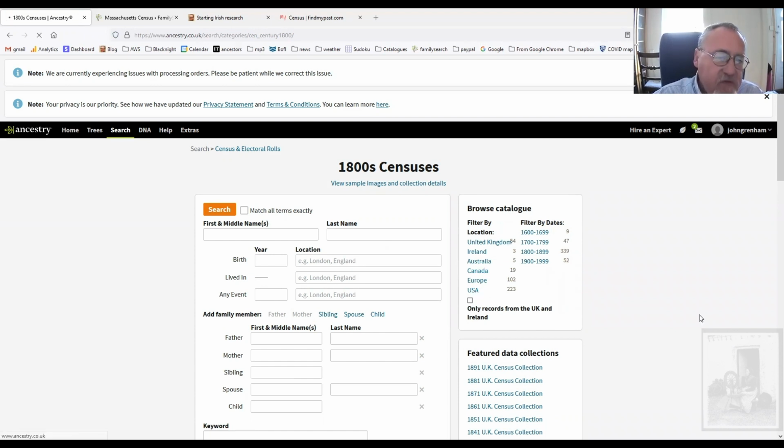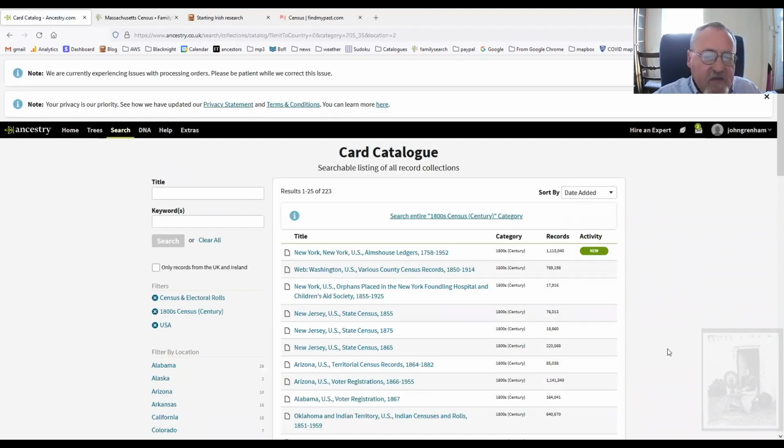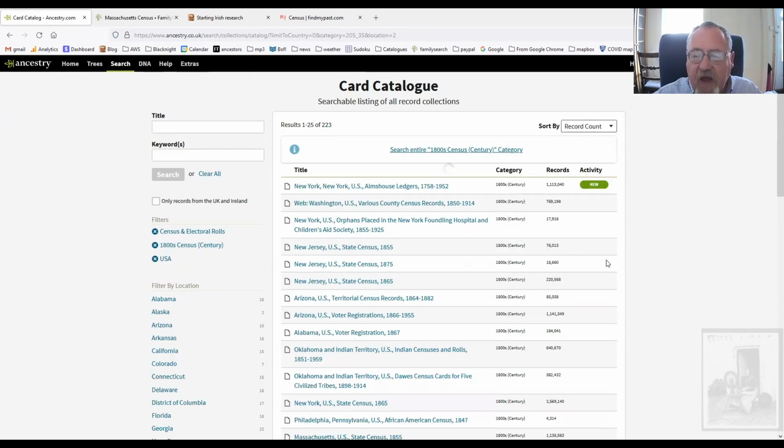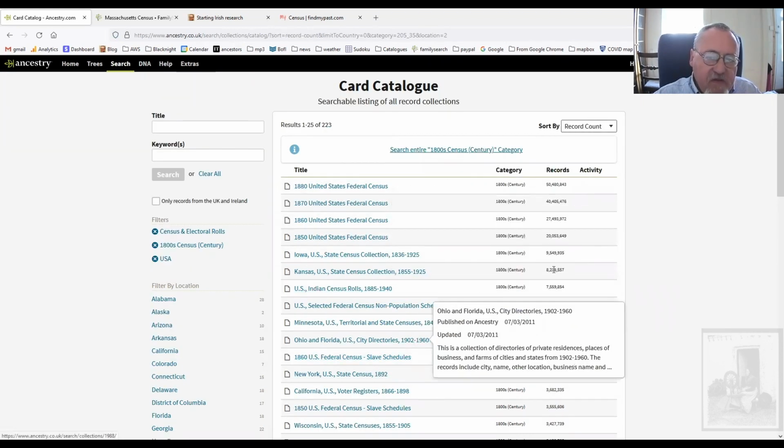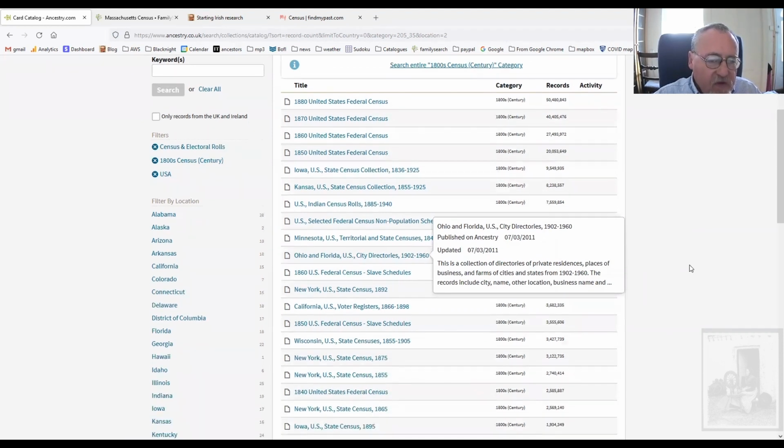So there are 233 census type records. Let's take a record count, see what the biggest number is. So the 1880 US federal census, there are 50 million records. So you can see you're talking about data sets orders of magnitude bigger than the Irish censuses.